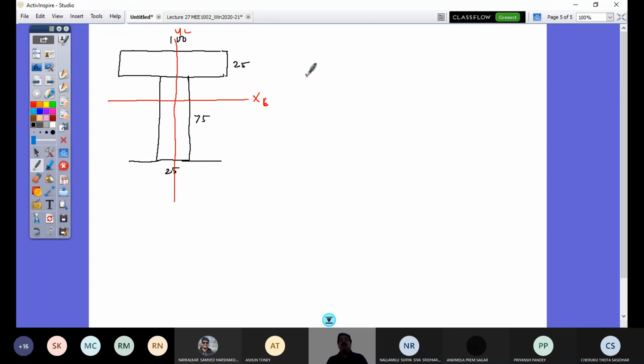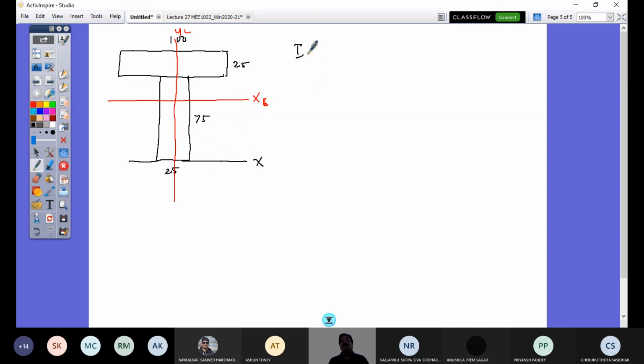Now what I needed is IXC of this. So how do I get that? I have got the centroid now. The simple way is using the parallel axis theorem. I wanted XC, and I can get it all about this x-axis.